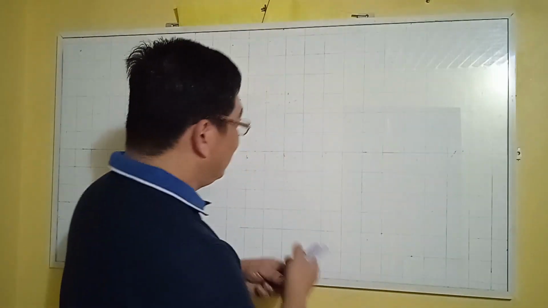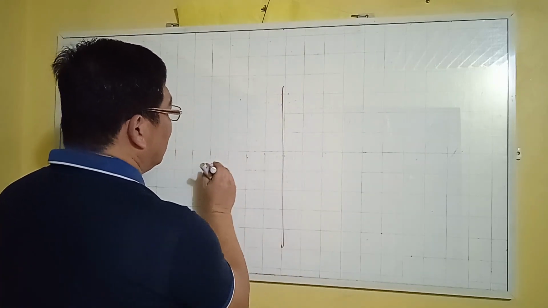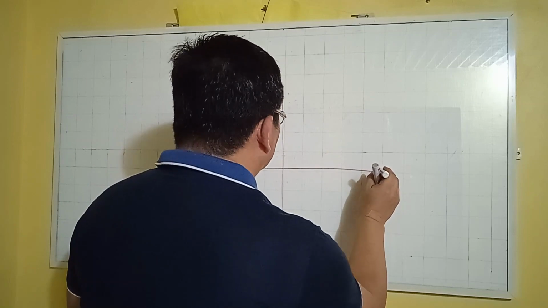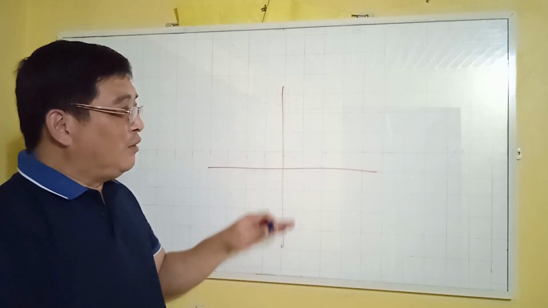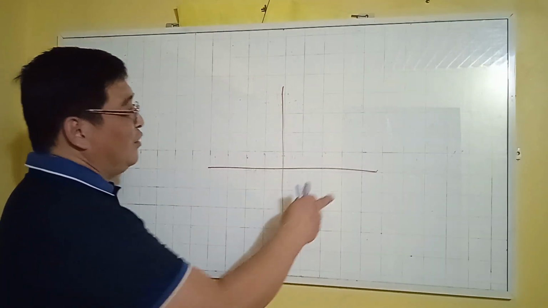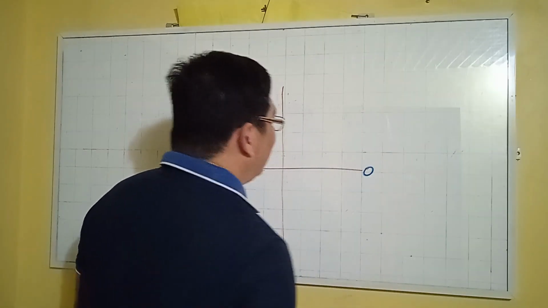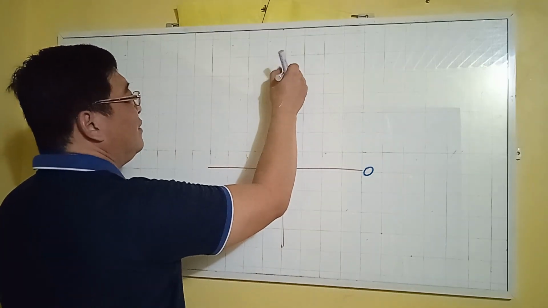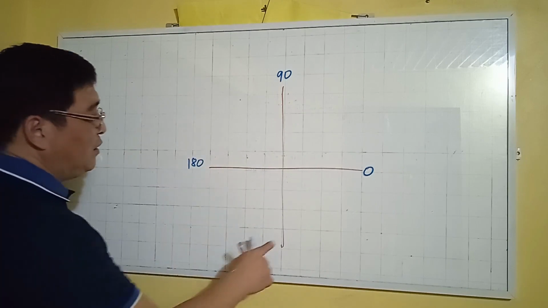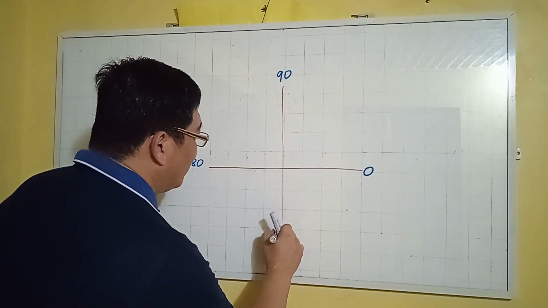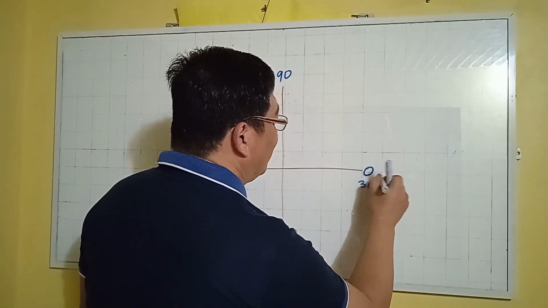Okay? So, ito yung unit circle natin. So, we are after doon sa counterclockwise na rotation nitong unit circle natin. To start with 0, and this is 90 degrees. This is 180 degrees, and this is 270 degrees. So one complete revolution is 360 degrees.